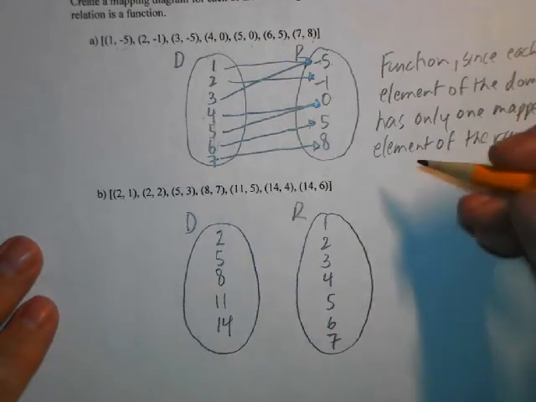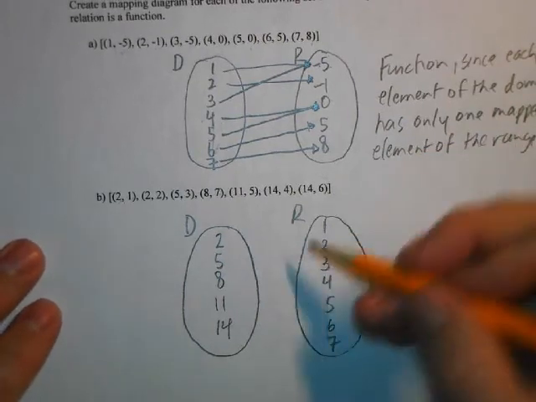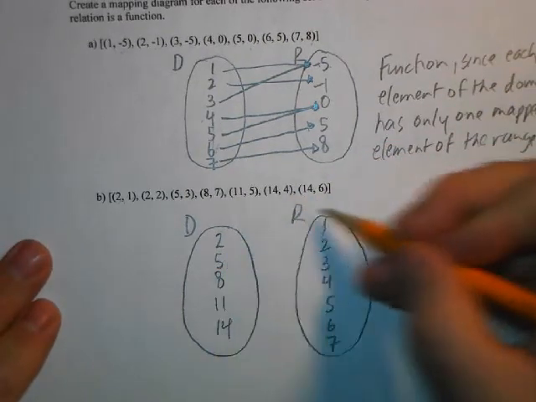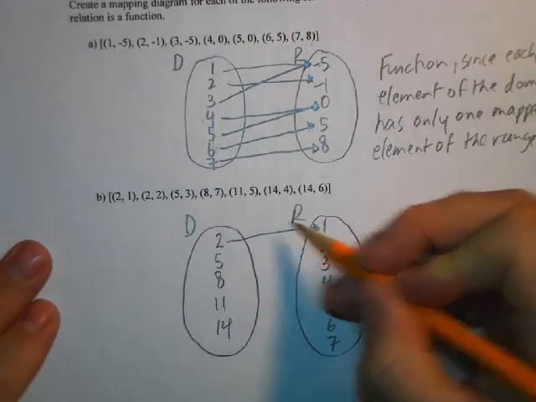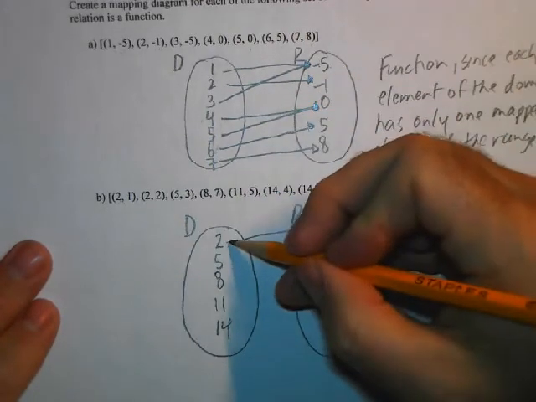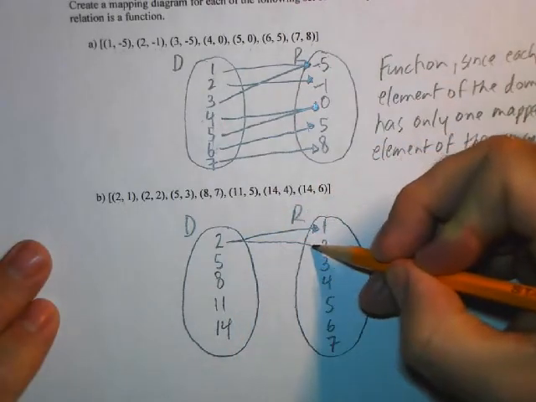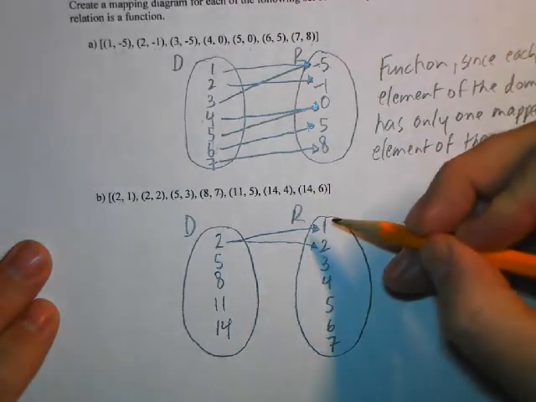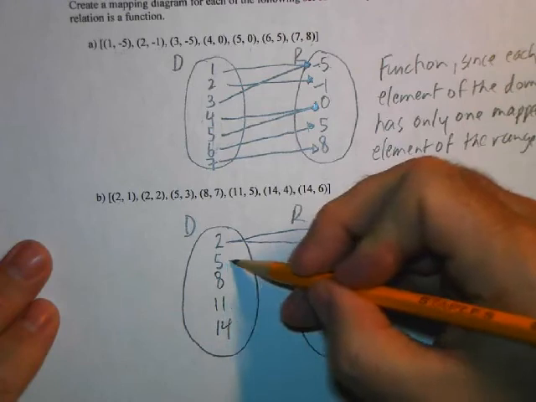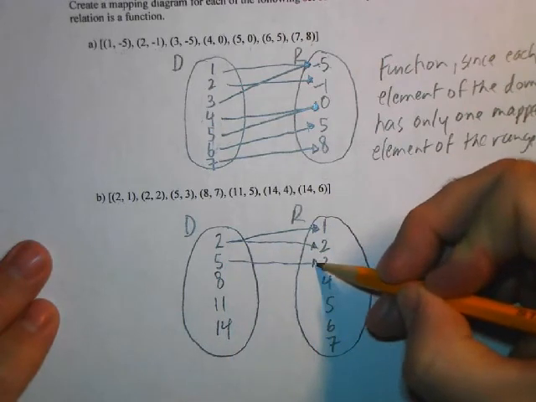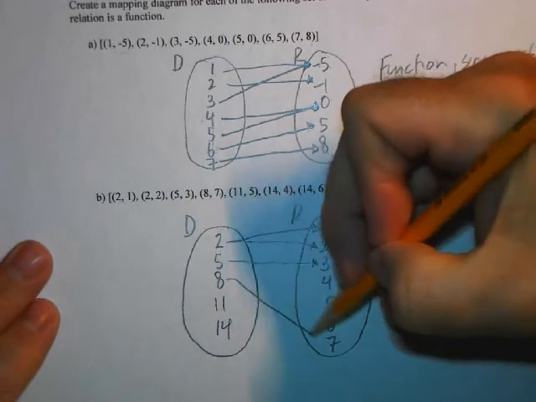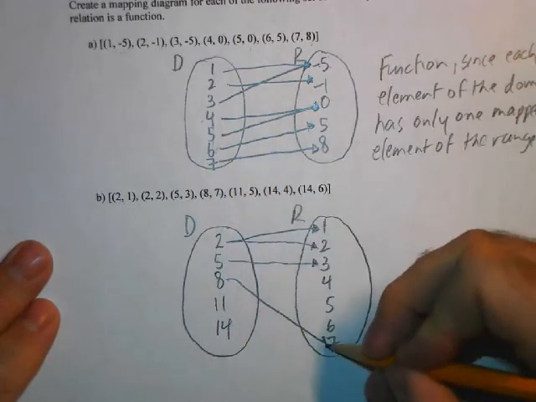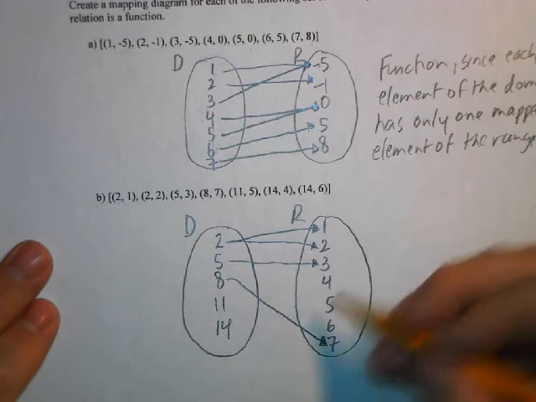Okay, now we do our mapping. So in this case, I've got an arrow going from 2 to 1. I've got an arrow going from 2 to 2. 5 to 3. 8 to 7, so that goes down here. 11 to 5.